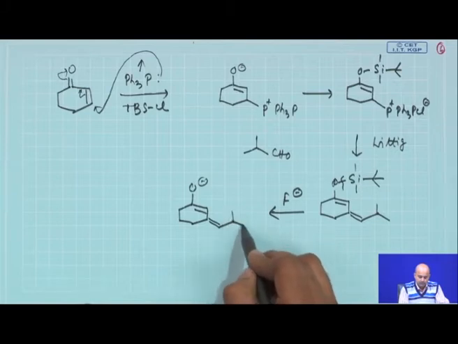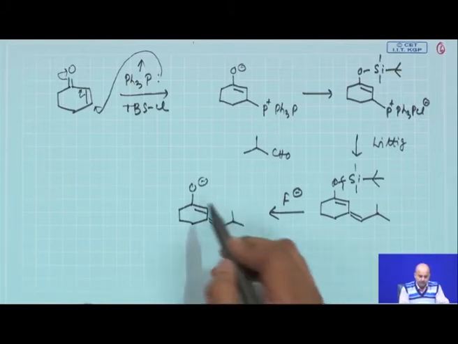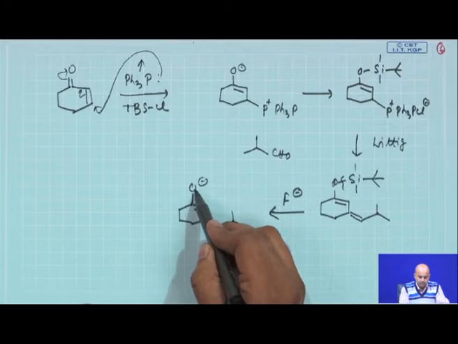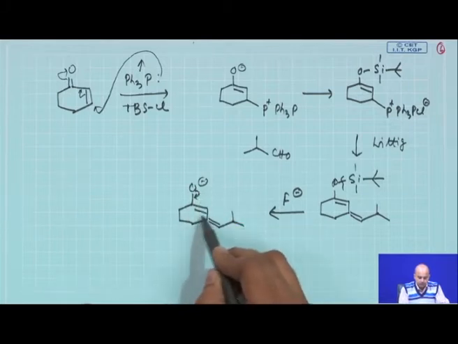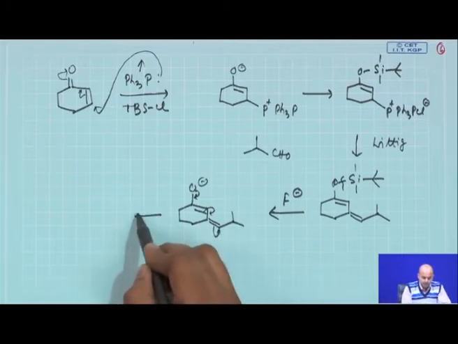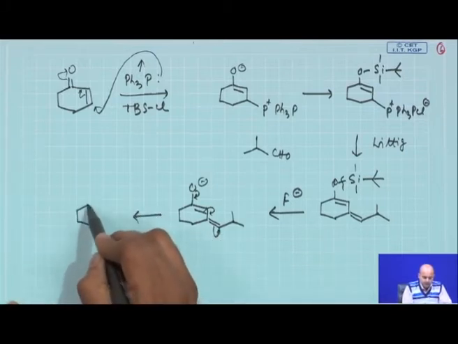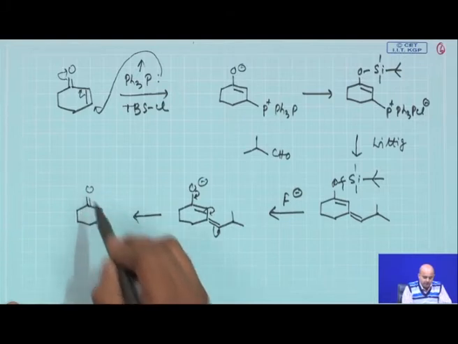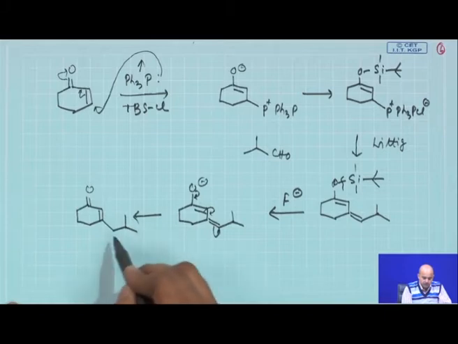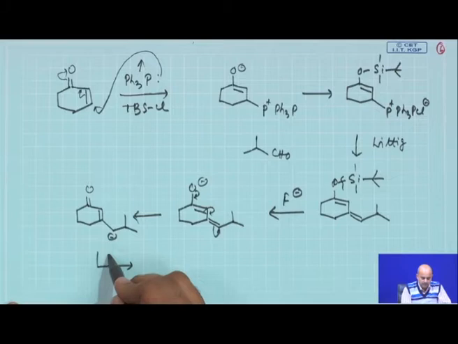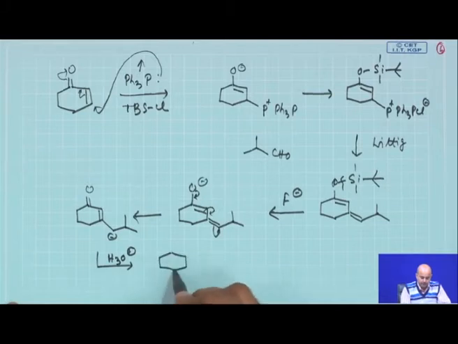Now, this enol is here, and this enol will try to neutralize its charge through this kind of resonance, and this is now very close to the target structure which you have drawn. Now, this minus will be accepting the proton from an acidic source if you use some water, and will basically give you the product.